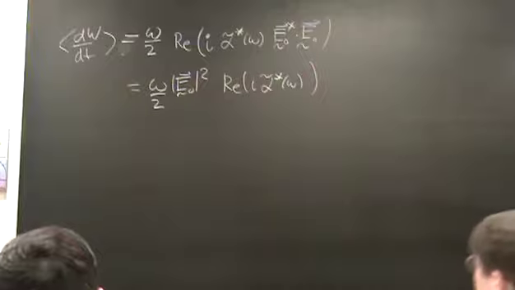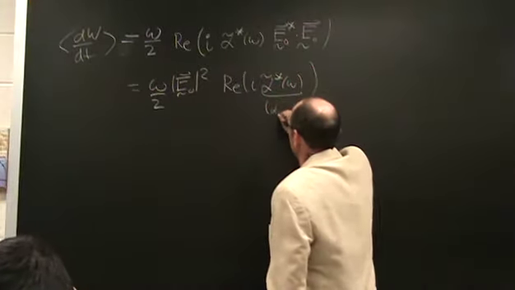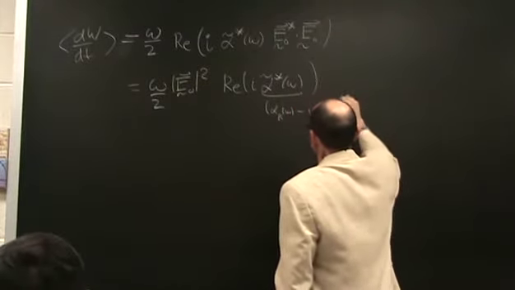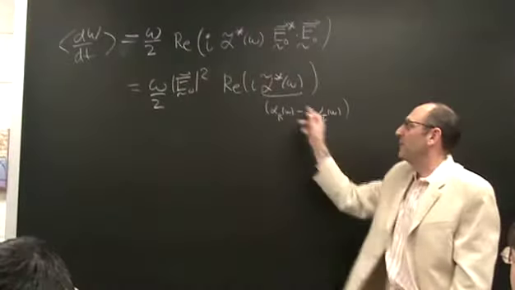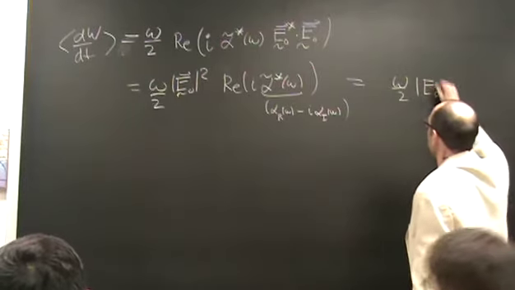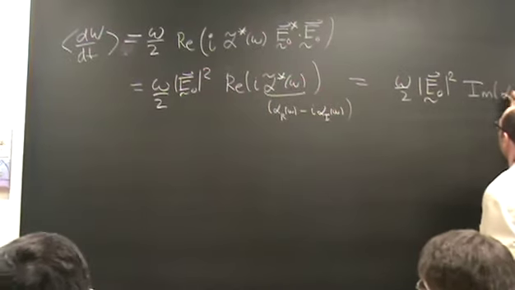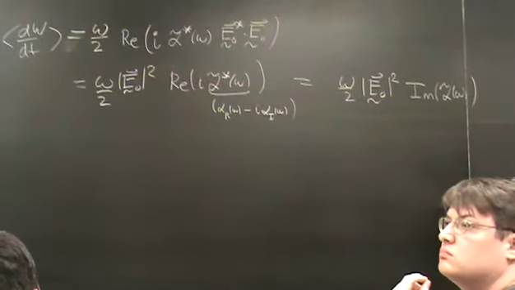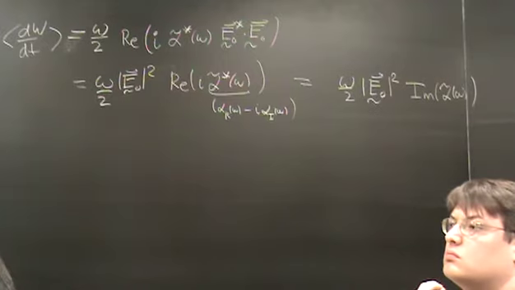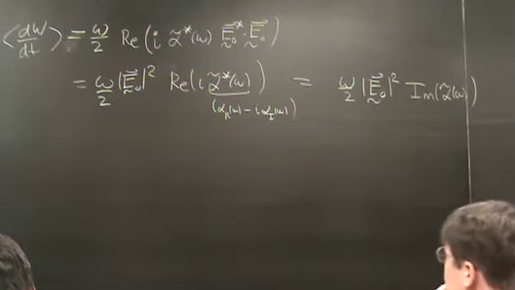It's the imaginary part, right? If I write this as the real part of alpha minus i times the imaginary part of alpha, then when you multiply by i, what you get is, as promised, the amount of absorption is proportional to the imaginary part of alpha. And it's proportional, of course, to the energy that's being put in there as well.